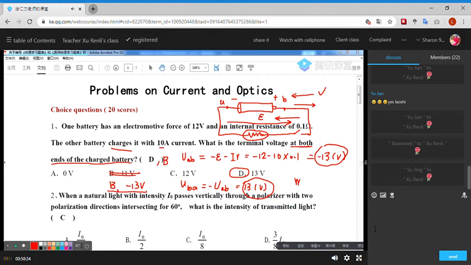The magnitude is 13 volts. So this is our answer.